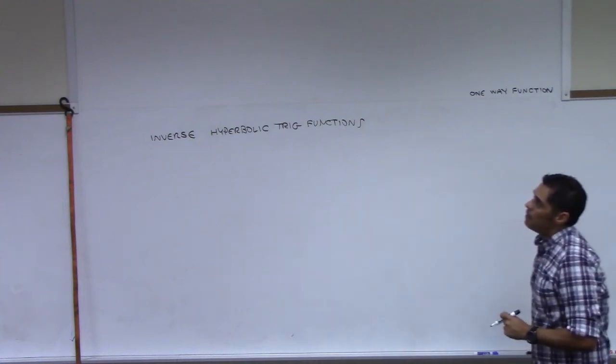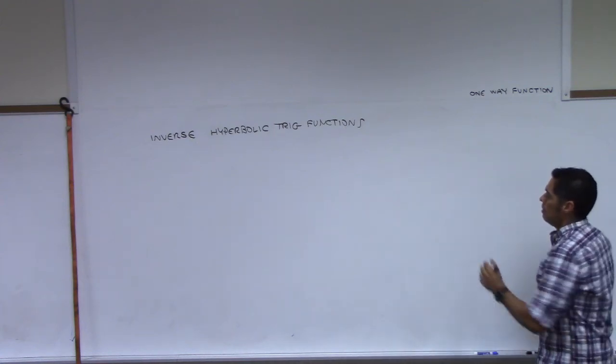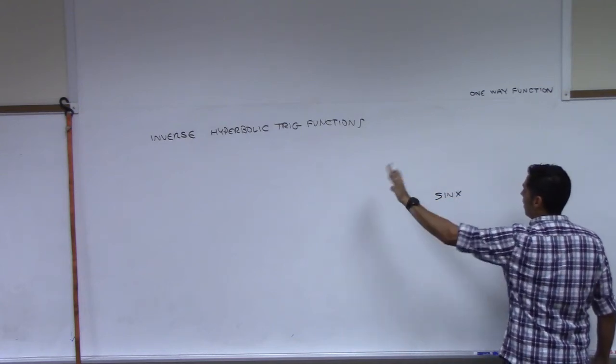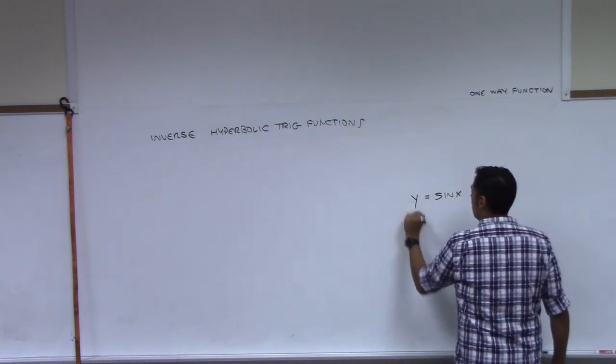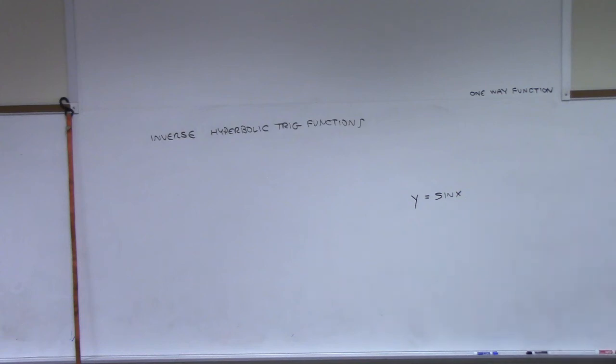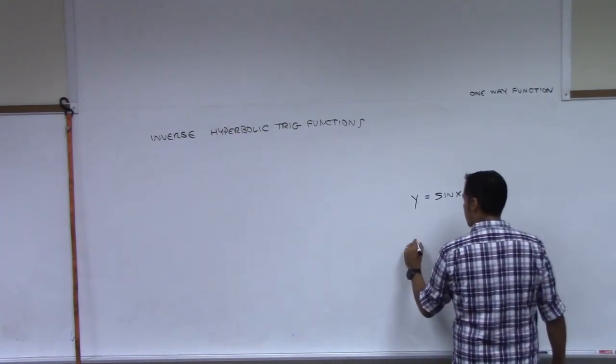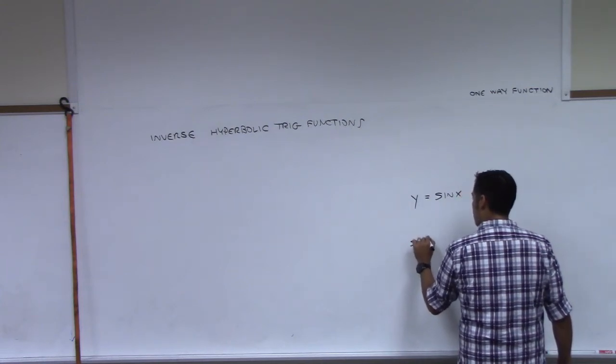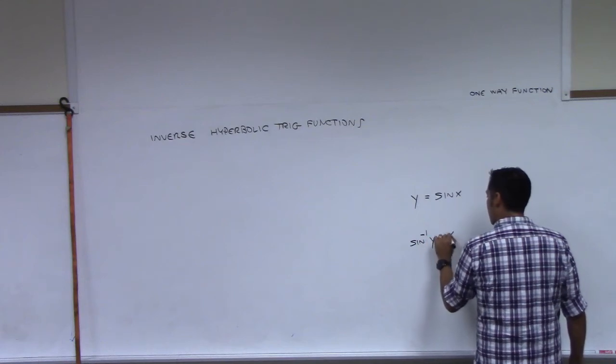Do you remember in pre-cal, I want you to just think about this for a second. If we say y is equal to sine of x, then when we tried to define the inverse trig function, arcsine, all we did is we said that arcsine of y would be equal to x.